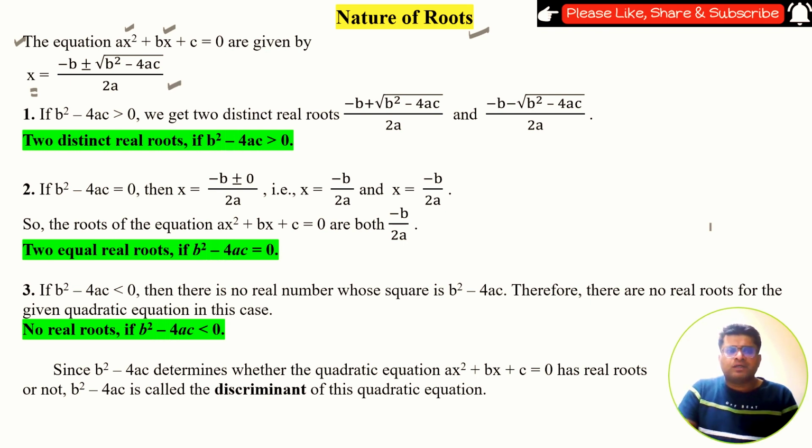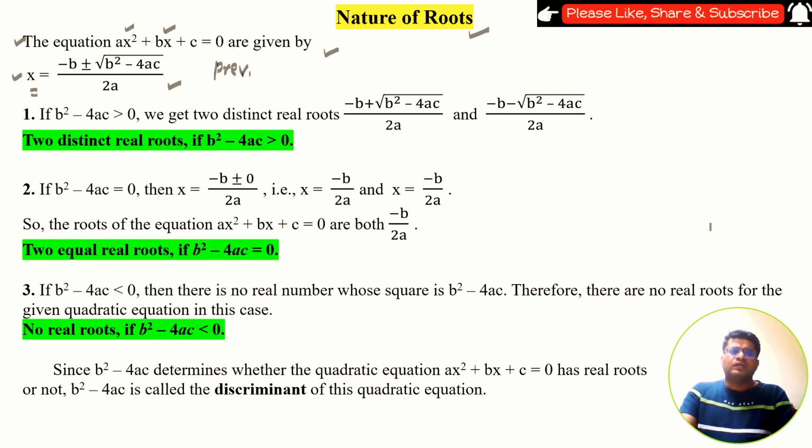You studied this in your previous classes, given by Sridharacharya. You must remember this: for any quadratic equation ax square plus bx plus c equals 0, the value of x is equal to minus b plus minus under root b square minus 4ac by 2a.